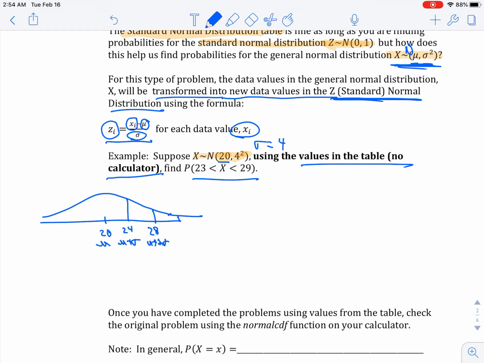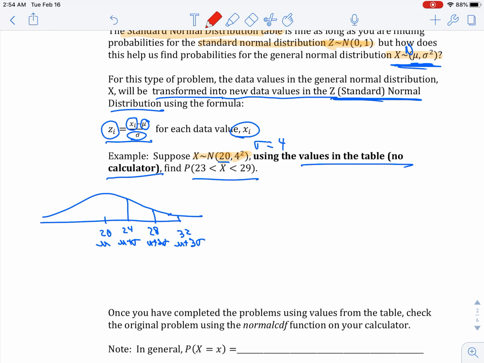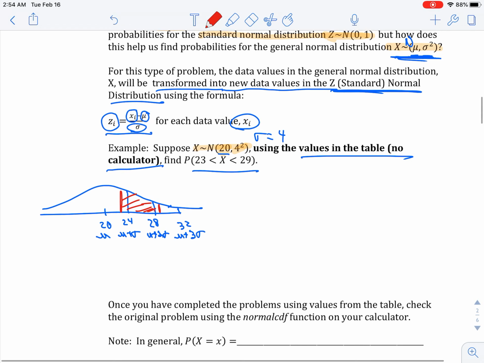And the next one after that would be 32, which would be mu plus 3 sigma. And so we would be looking for the probability that we are between 23, somewhere down here, and 29, somewhere right here. So that's really the area that we're looking for.